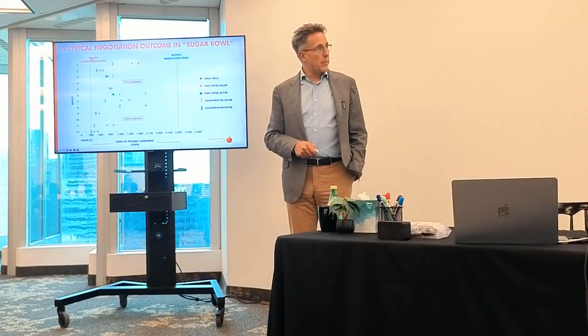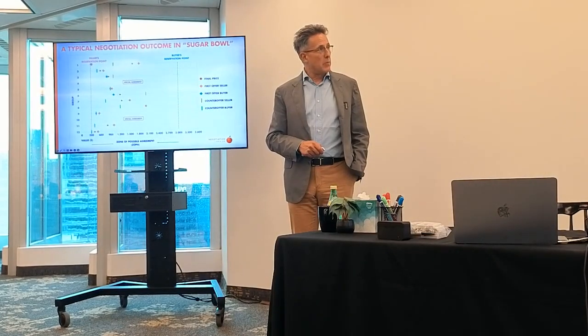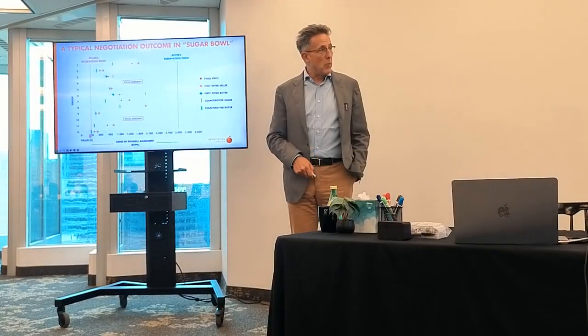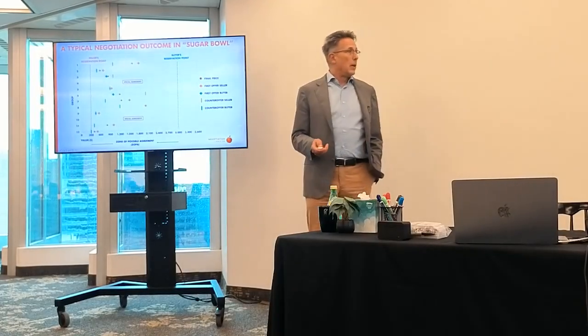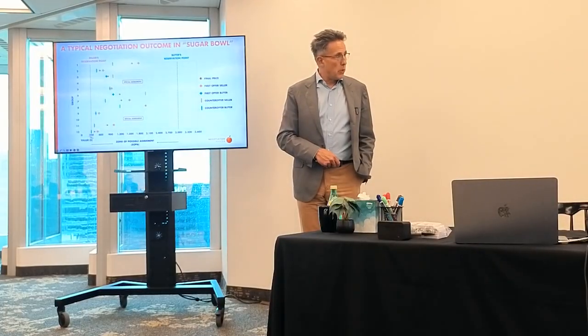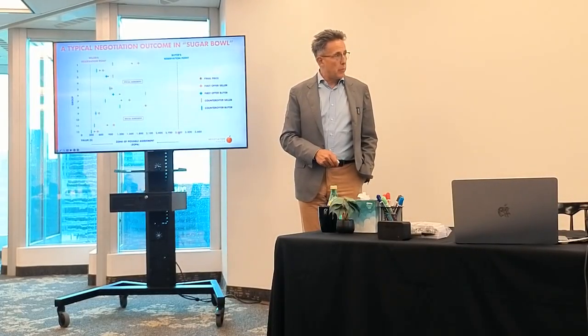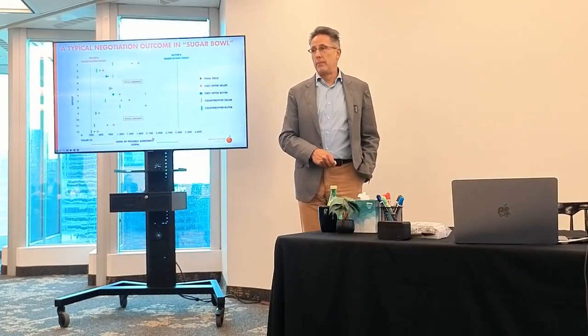Now, let's start with some important concepts. The first one is reservation point. The reservation point, as you heard me say this morning, is the minimum acceptable price at which I'm willing to sell and the maximum acceptable price at which I'm willing to buy if I'm the buyer. And the distance between the reservation point of the seller and the reservation point of the buyer is called the zone of possible agreement, the ZOPA.